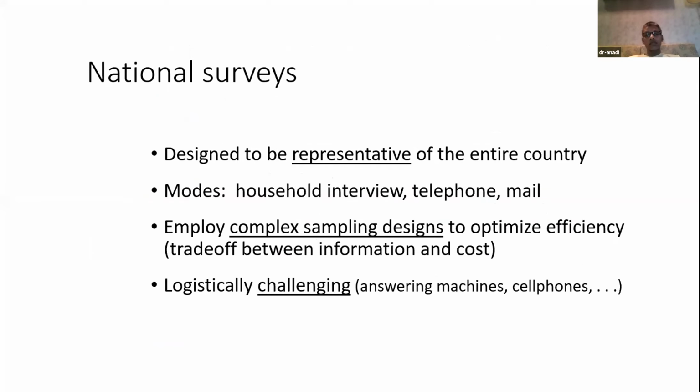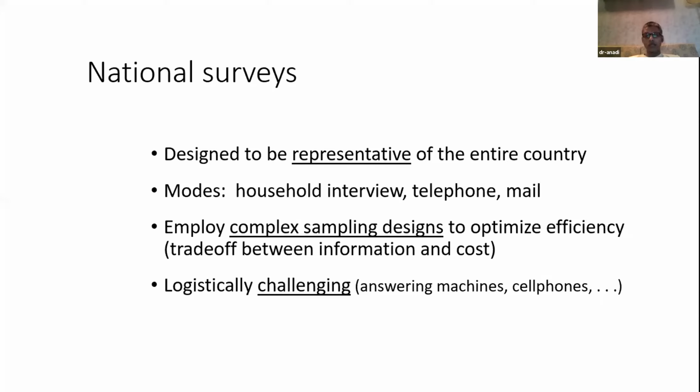So national surveys are nothing but designed to be representative of the entire country. That is through household interview, telephone call, and email. They employ complex sampling designs to optimize efficiency, a trade-off between information and cost. So household interview is a bit costlier than a simple telephone call or simple mail.